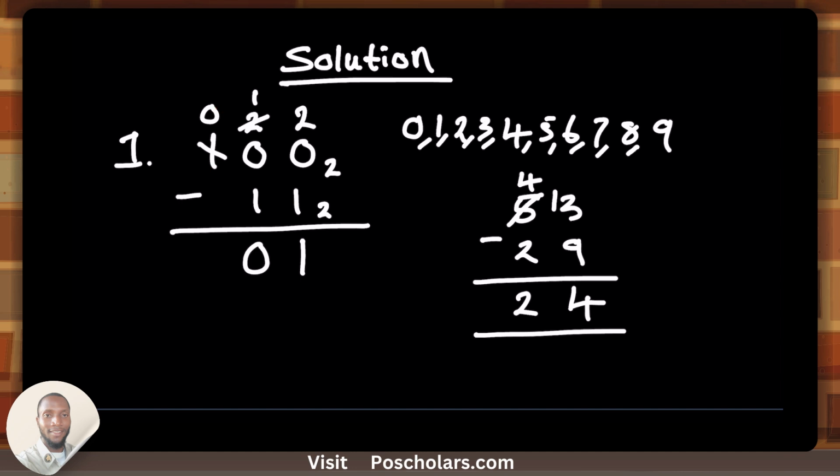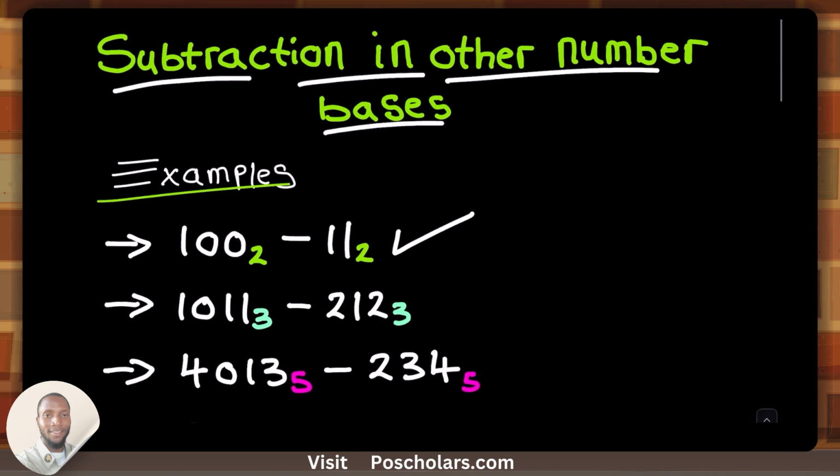And 0 minus nothing gives what? 0. And that's our final answer in base 2. Take note, you can still write it as 1 base 2, which is your final answer. Reason being that this 0 is actually insignificant. Now we move to the next question, which is question 2.